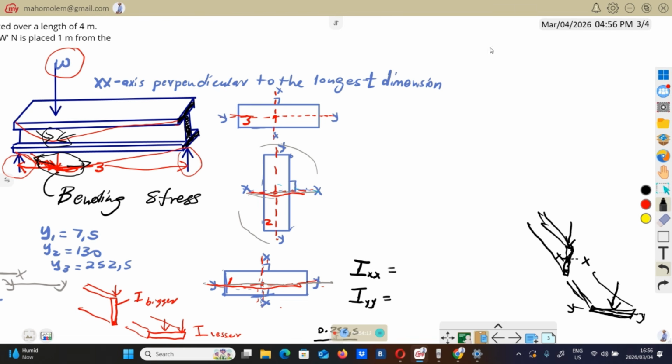So from this, this is the XX line, and this is the YY line.